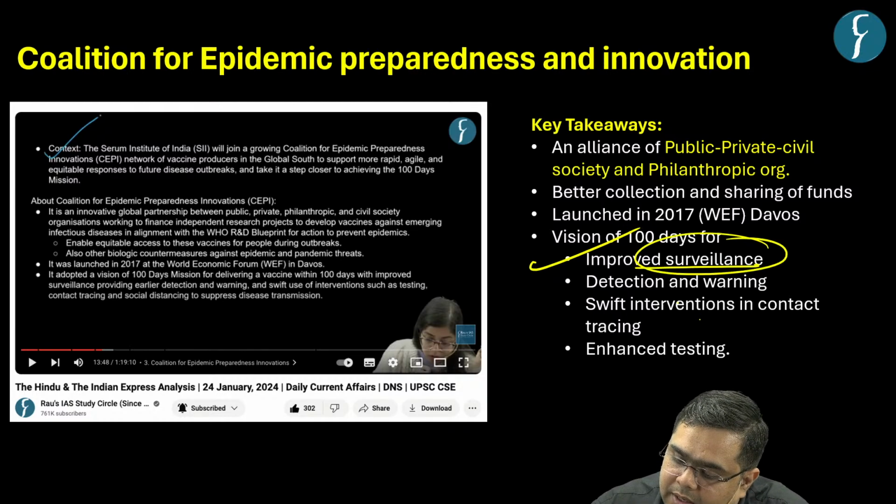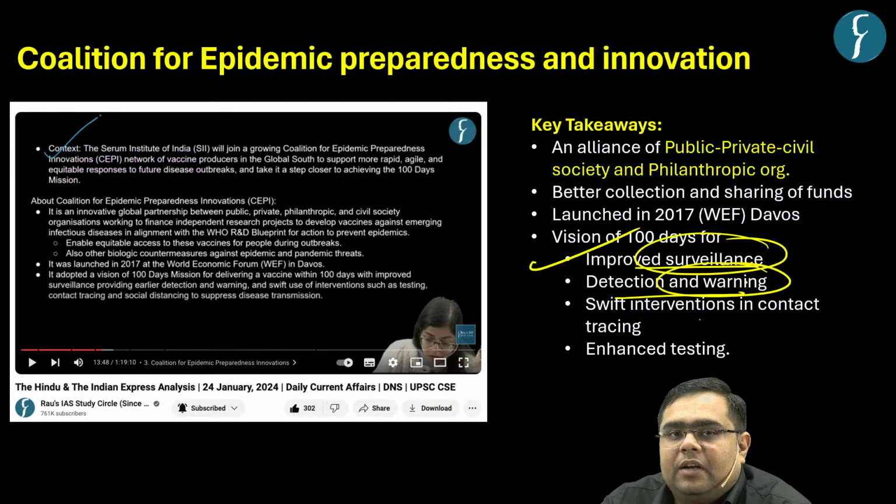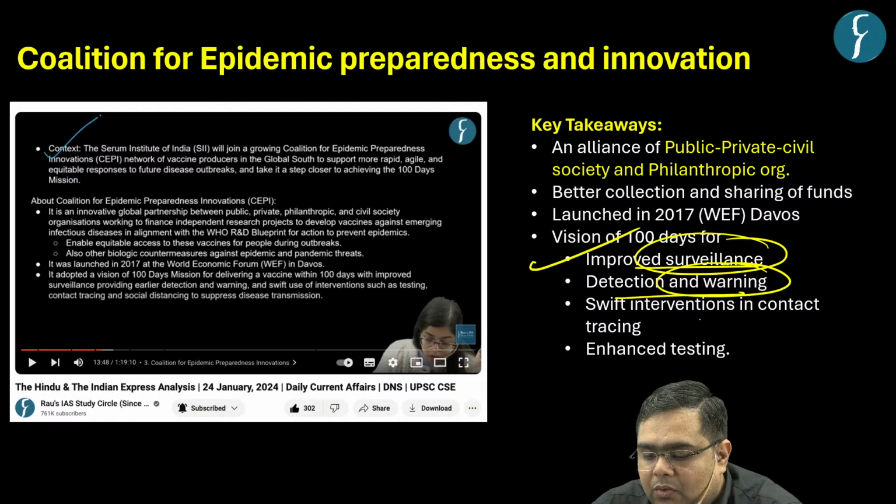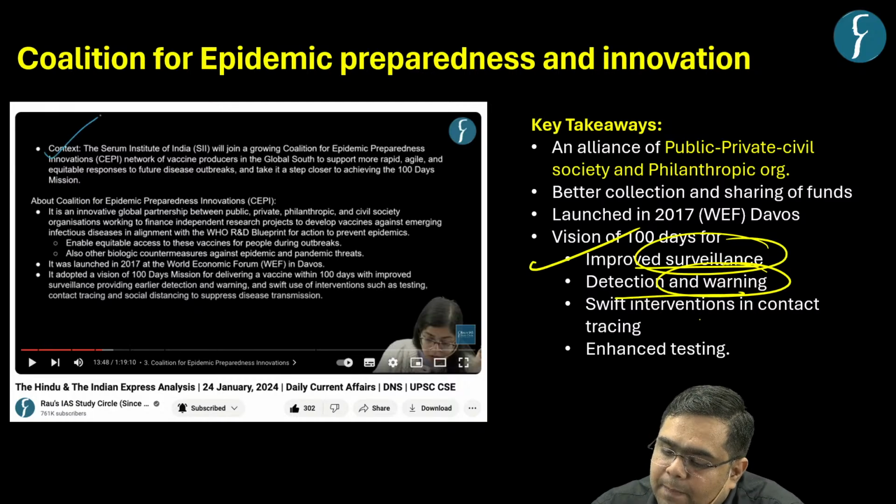early detection and warning, because of the issue of COVID-19 and its emergence from China. There was a lot of fog, or less clarity, when it came to the origins.